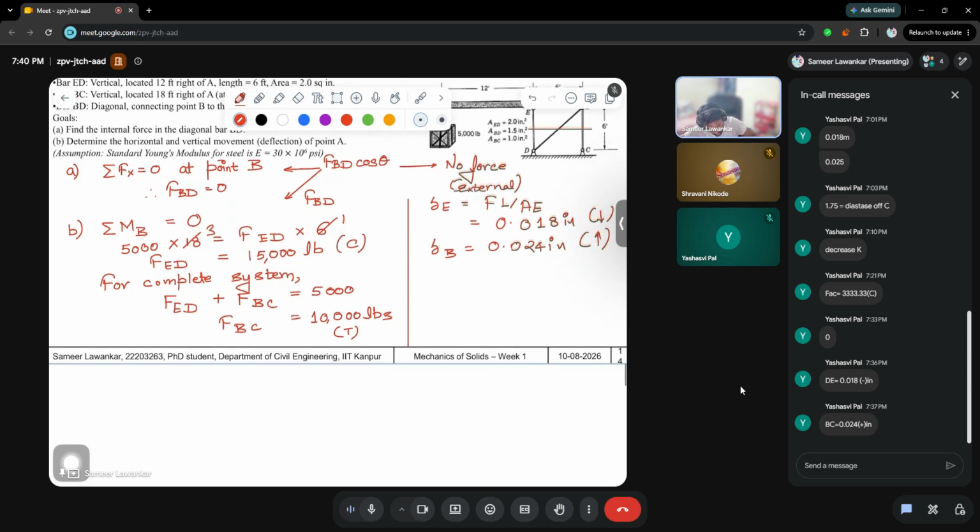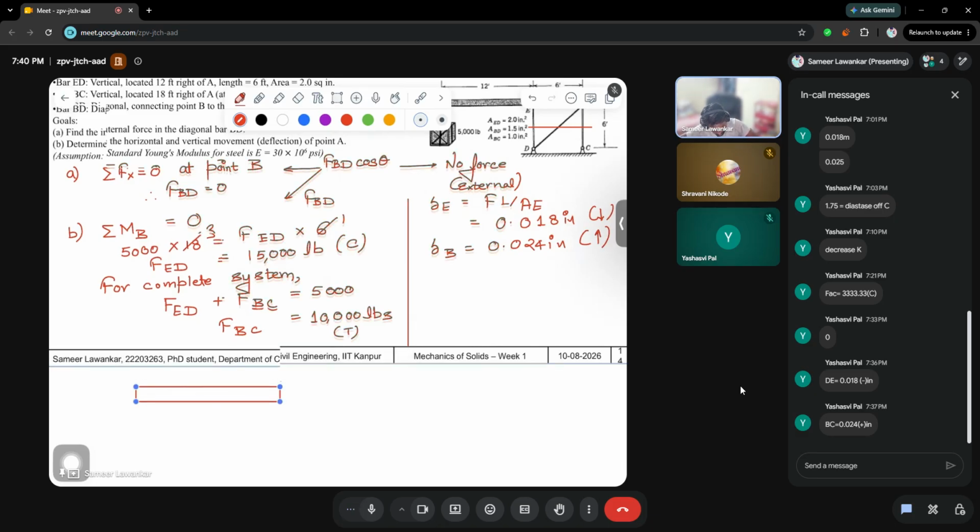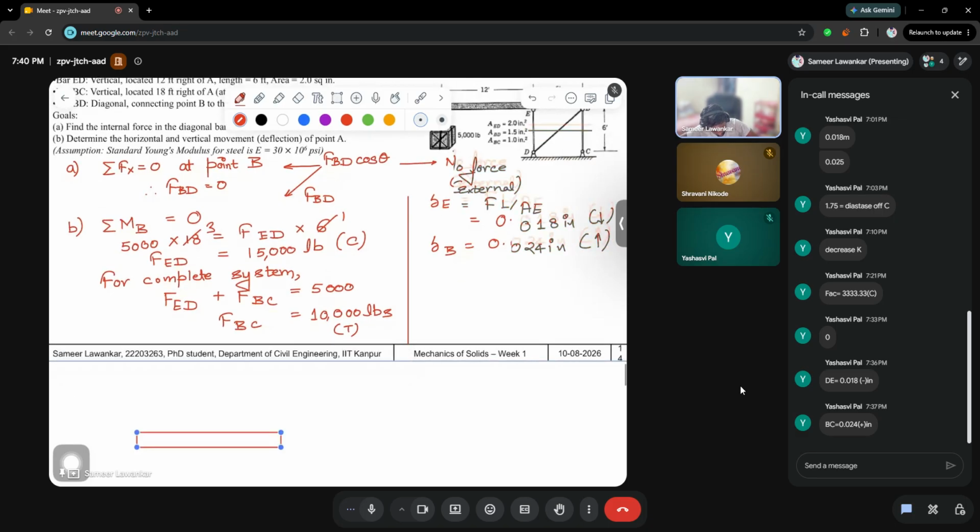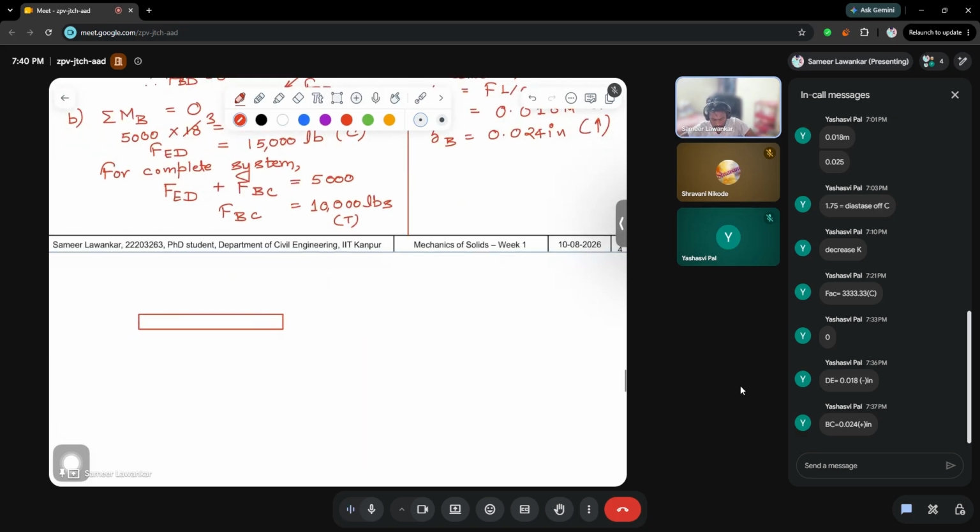It basically means that if this was the initial position, then it is shifted somewhat in this direction. This is how it should look like.